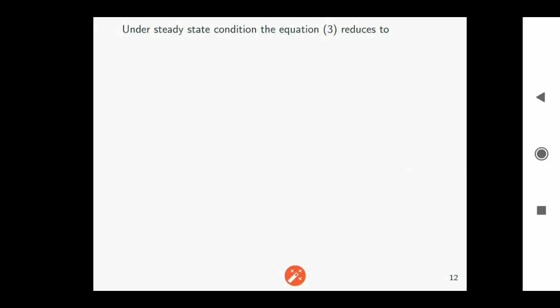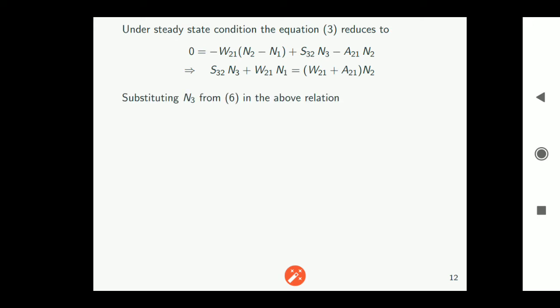Now under steady state condition, equation 3 also reduces to 0, and that equation can be written in this manner. Now that equation is further simplified like that, and this can be solved for N2.